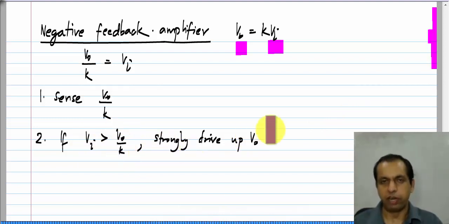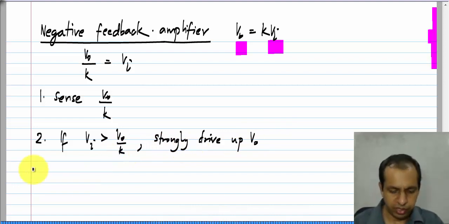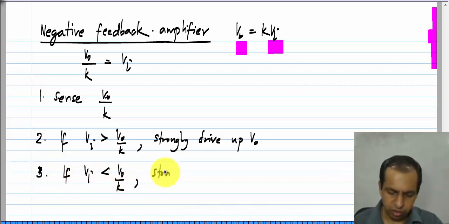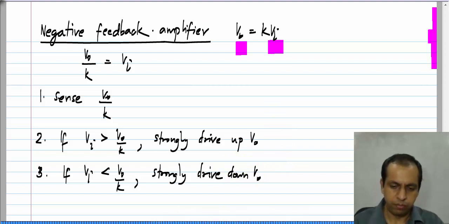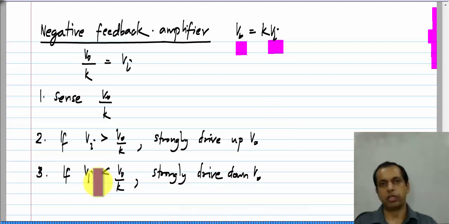So, I will strongly drive it up, so that it goes in the right direction, and if V I is smaller than V naught by k, I strongly drive down V naught. So, if V I is smaller than V naught by k, it means that V naught is too high. So, I have to drive it down.